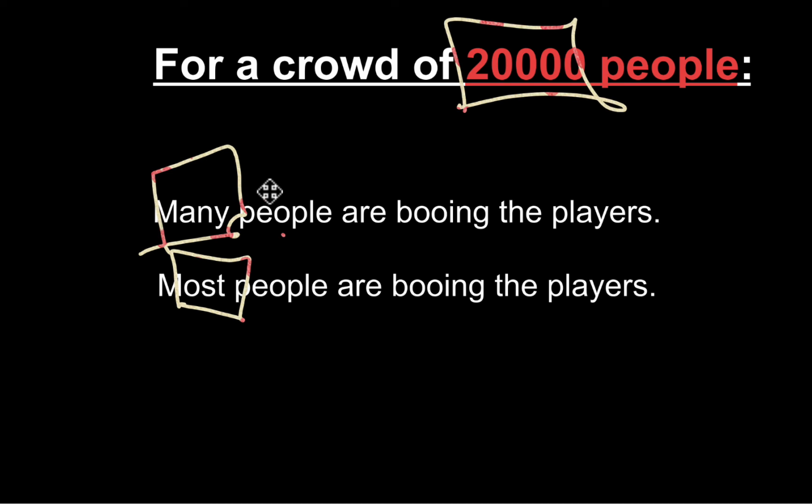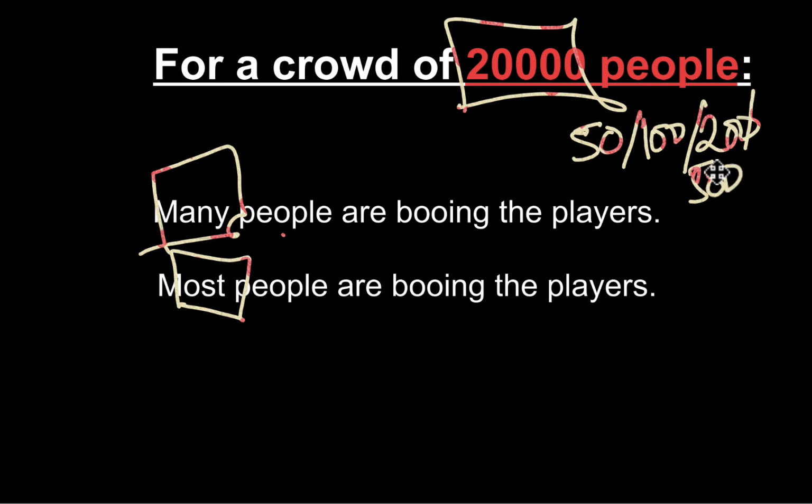So when you say this sentence in a context of 20,000 people in a stadium, and you say many people are booing the players, the number could be 50 people or 100 people or 200 people. All right, it could be 500 people as well. It could be 1,000 people. Okay. But when you say most people are booing the players, it is definitely more than 10,000 or 5,000.